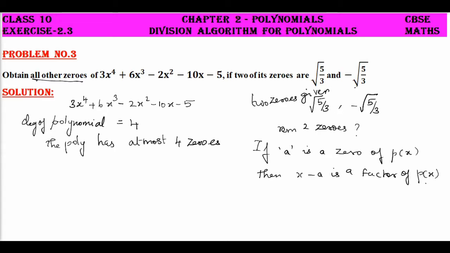Now you are given 2 zeros in the question, root 5 by 3 and minus root 5 by 3. These are zeros of the given polynomial P of x. So let me assume the given polynomial is P of x so that I need not always write the polynomial. Okay. So let me assume that P of x equals the given polynomial.